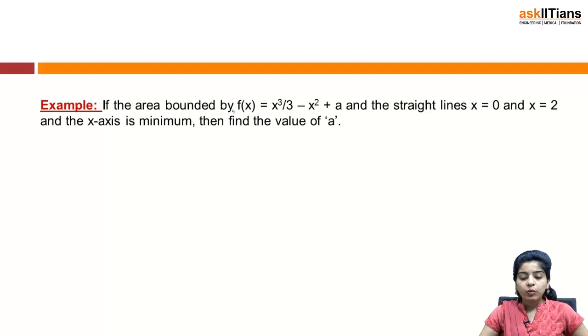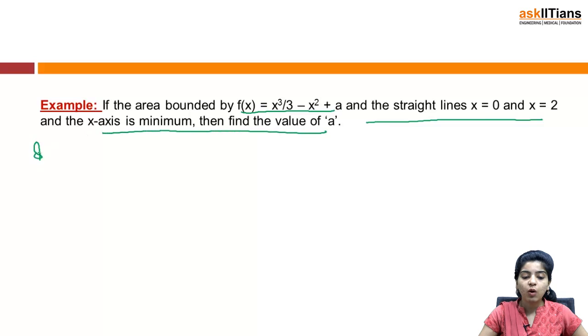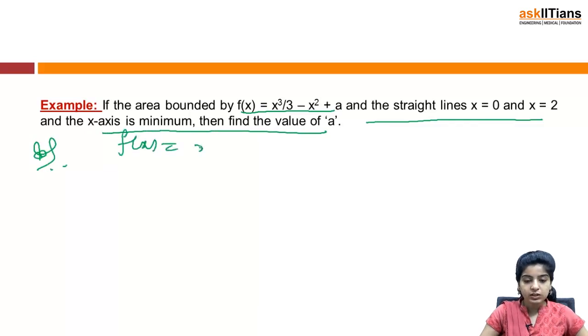If the area bounded by f(x) equal to x cube by 3 minus x square plus a and the straight lines x equal to 0 and x equal to 2 and the x axis is minimum, then find the value of a. So f(x) is given to us as x cube by 3 minus x square plus a.